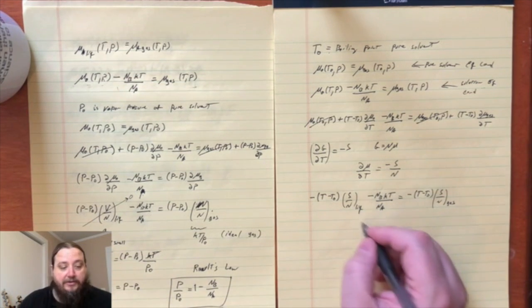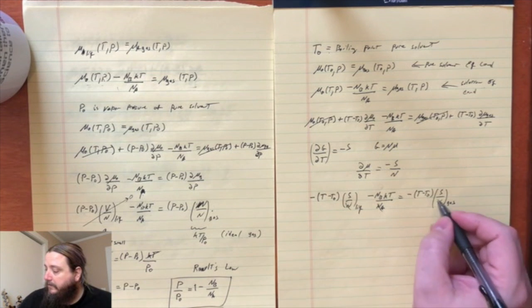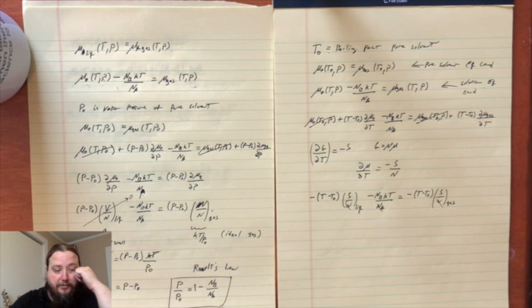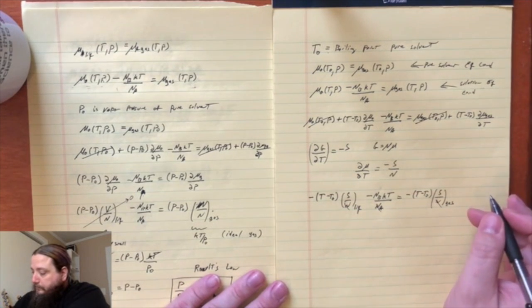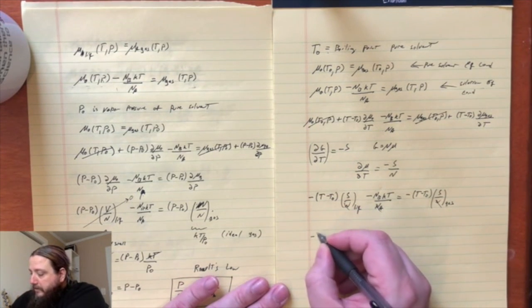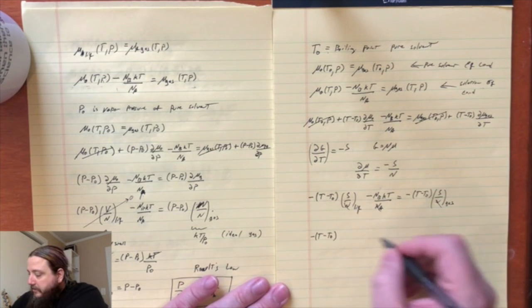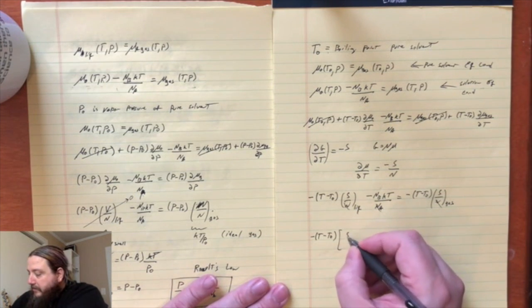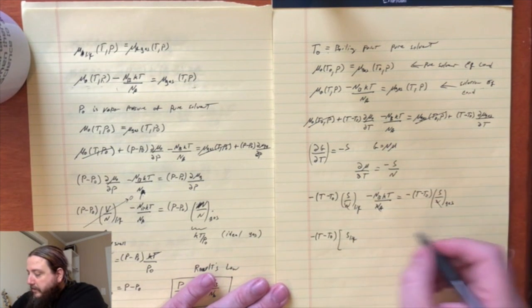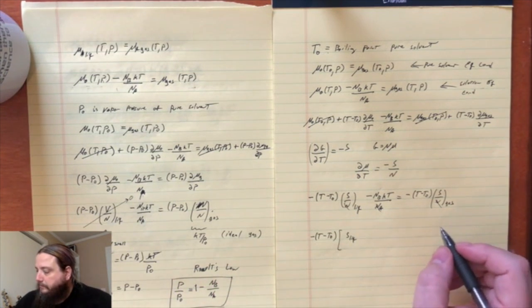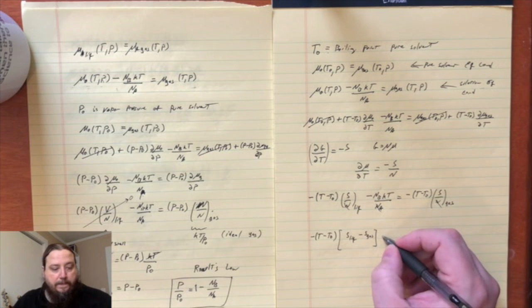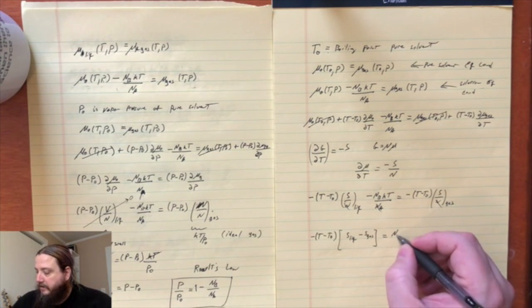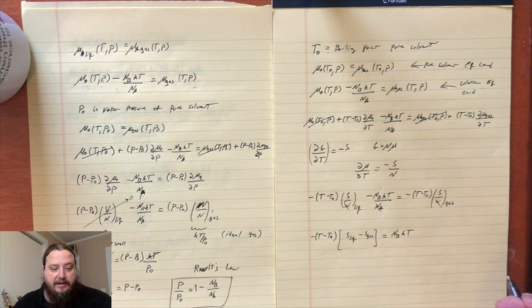Let's go ahead and divide out the number of particles across the board, and we'll collect the temperature difference term over here on the left. So minus T naught times the entropy in the liquid phase minus the entropy in the gas phase equals N_B kT.